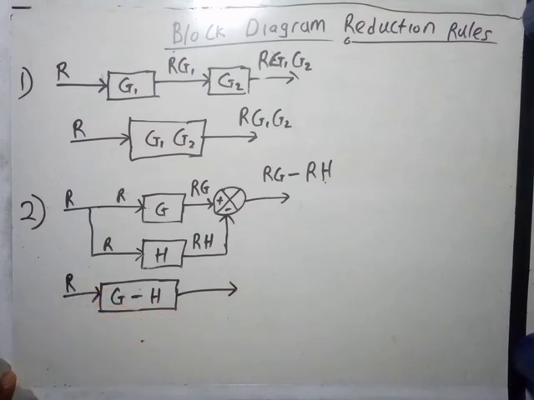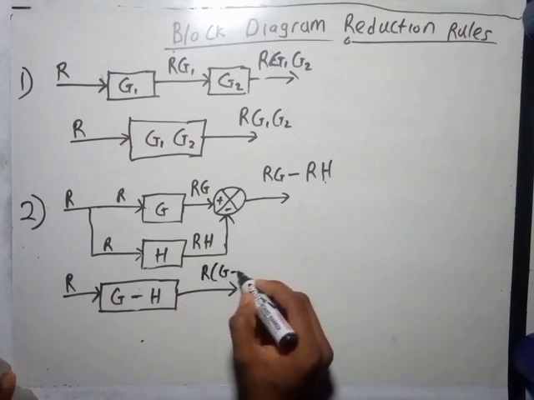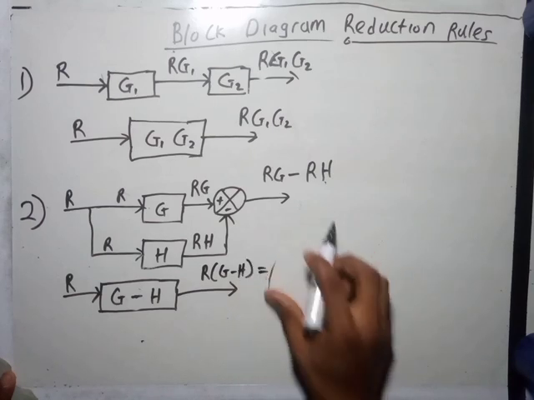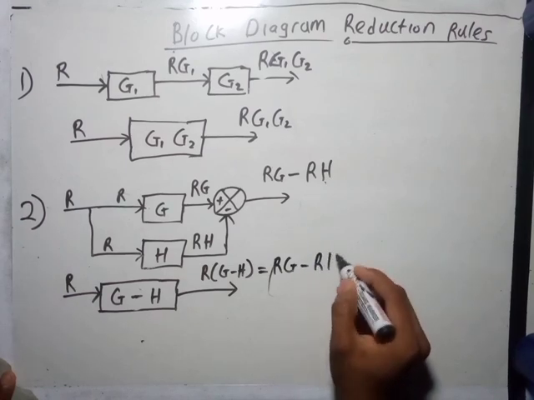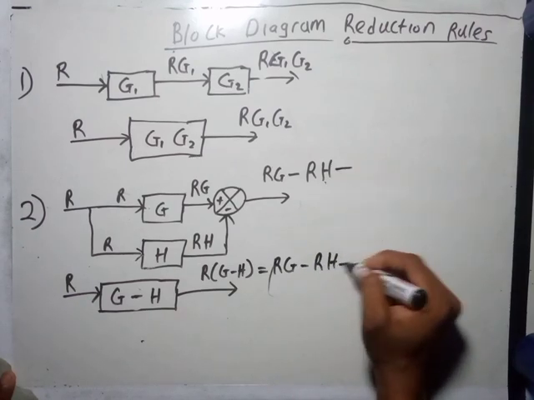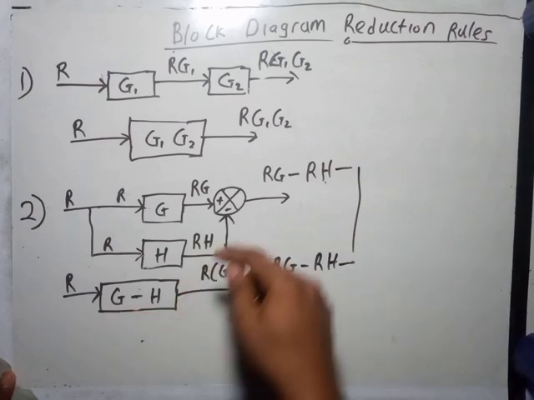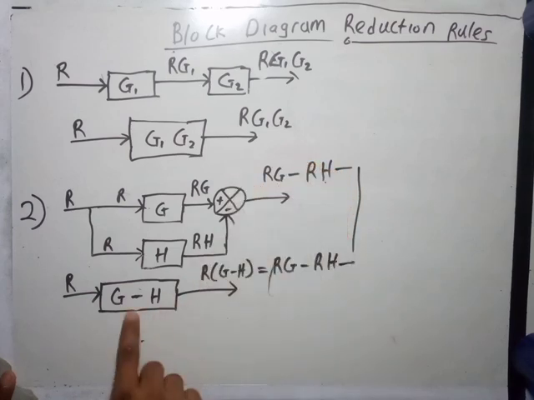As your R goes in, it comes out with R brackets G minus H, and opening this bracket is also the same as RG minus RH, matching this. So as long as you are looking at your sign, it determines whether it's going to be a plus or a minus.